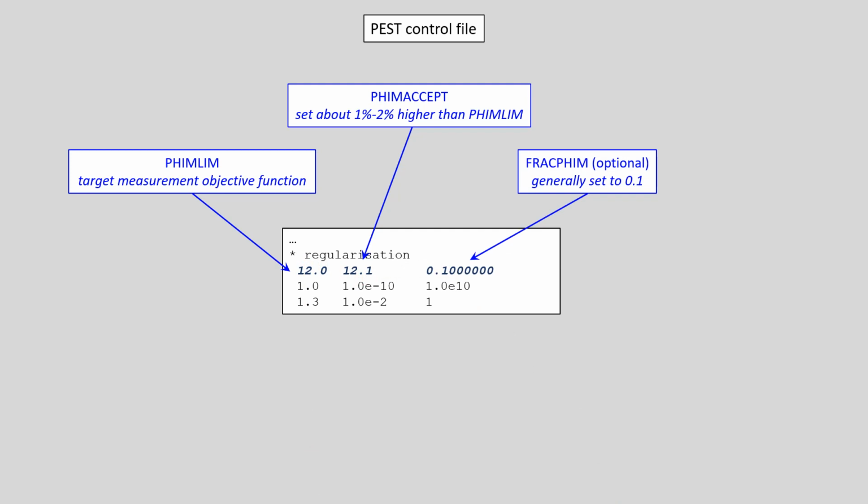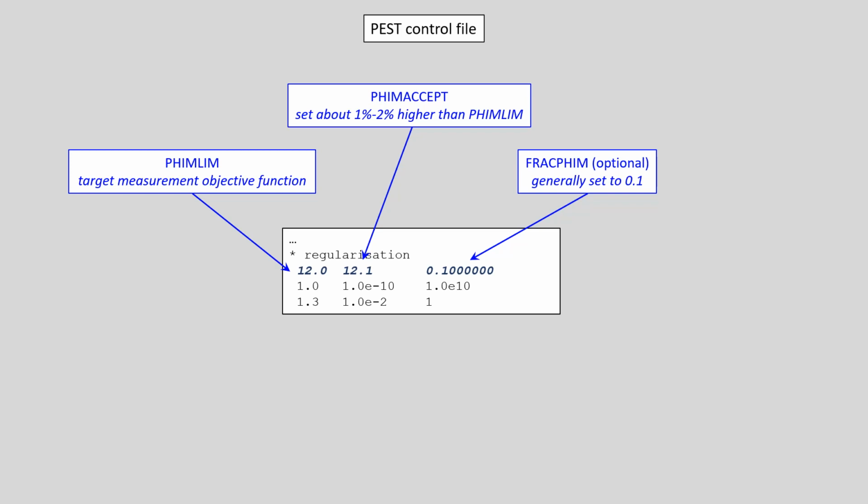The third variable on the first line is called fracphim. Now this can serve a fairly important purpose. Here it's set to 0.1. So what that means is that when PEST calculates the target measurement objective function during any iteration of the regularized inversion process, it actually calculates the objective function as the maximum of phimlim or fracphim times the current value of the measurement objective function, whichever is higher.